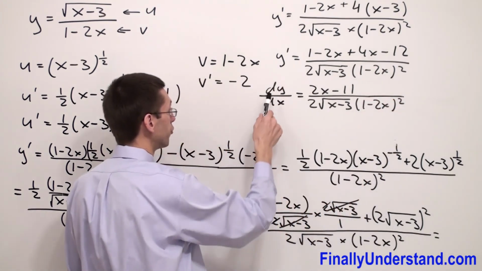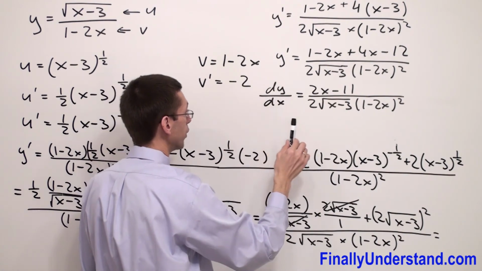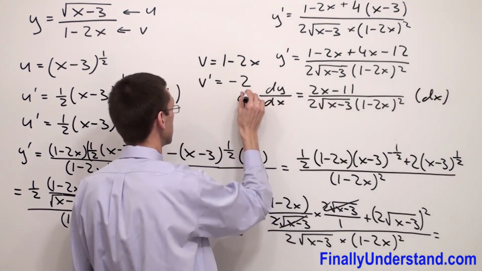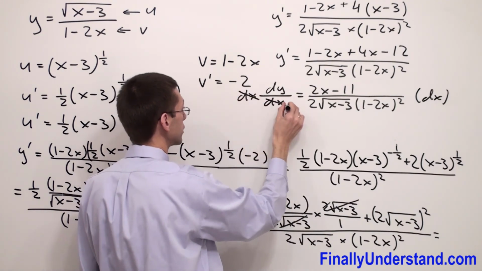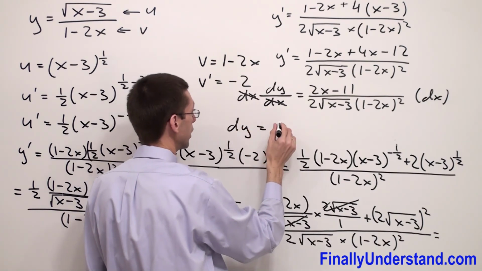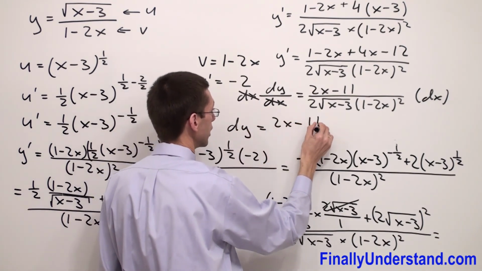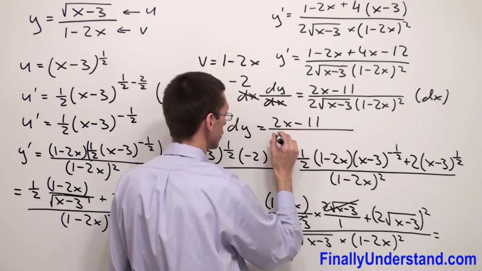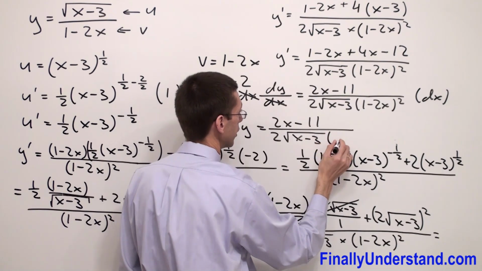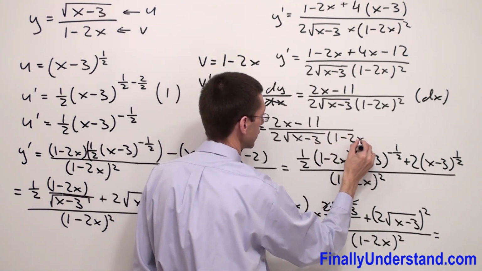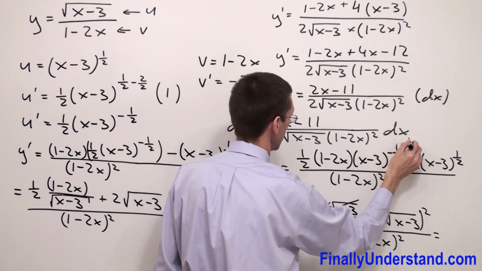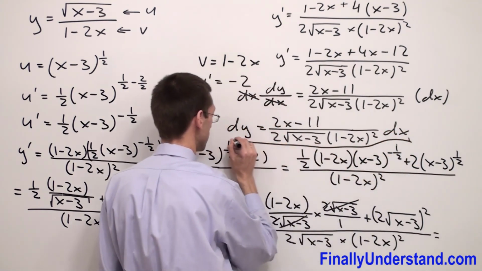In order to find a differential, I have to multiply both sides of my equation by dx. dx and dx will cancel out, so my differential dy is equal to 2x minus 11 over 2 square root x minus 3, open parenthesis, 1 minus 2x to the second power, dx. And this is my solution to this problem.